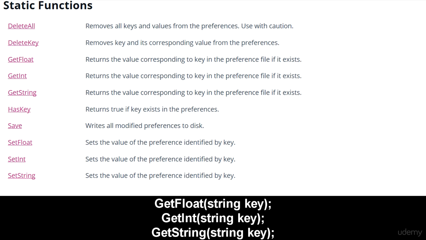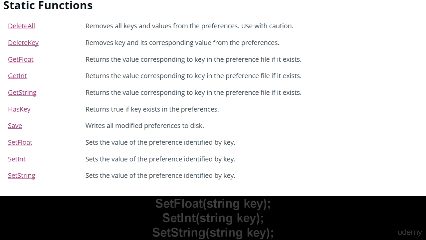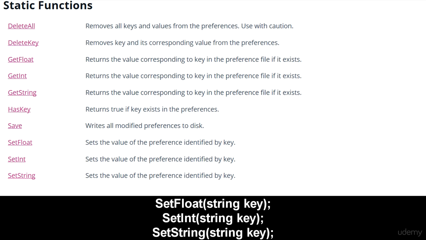These basically do the same thing, as you might have guessed. The only difference is that they return different kinds of variables. And corresponding to that, on the bottom of the list we also have setFloat, setInt, and setString functions. Using these functions, we are able to create new keys and add values to them.